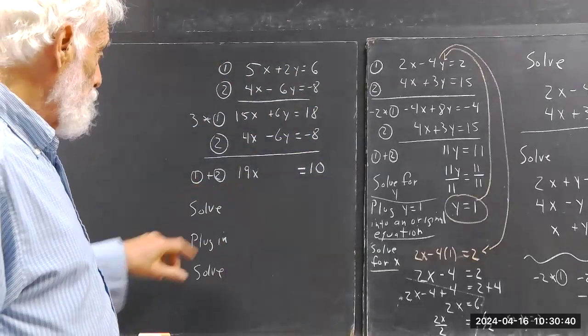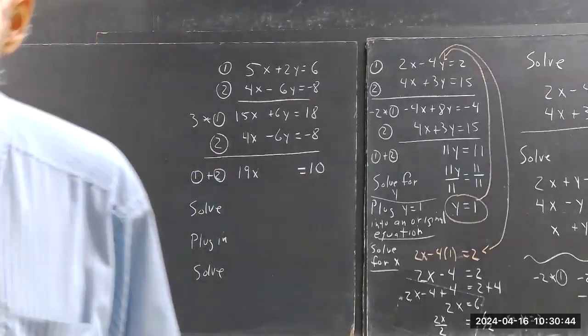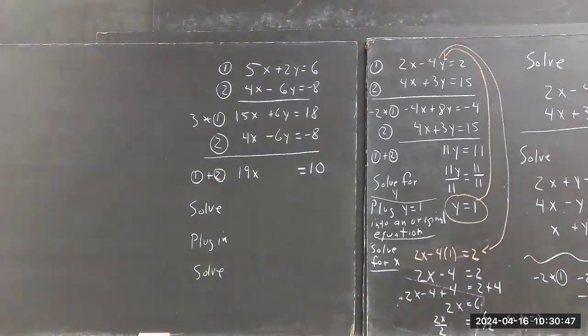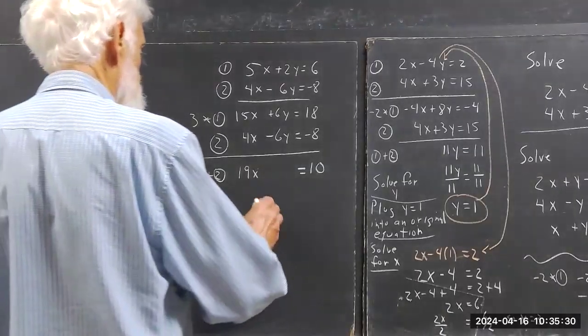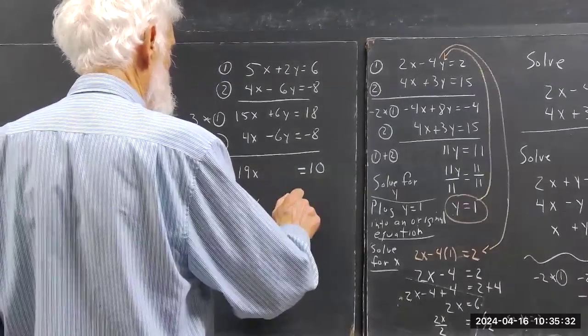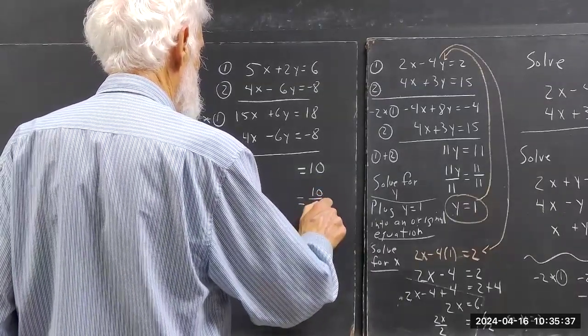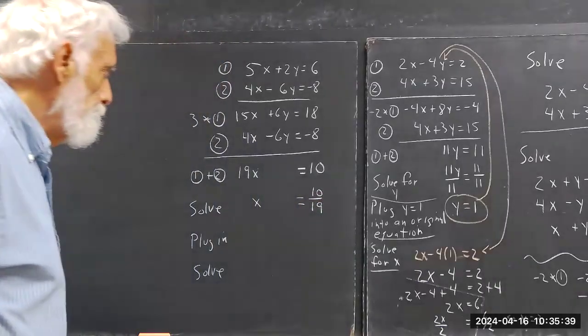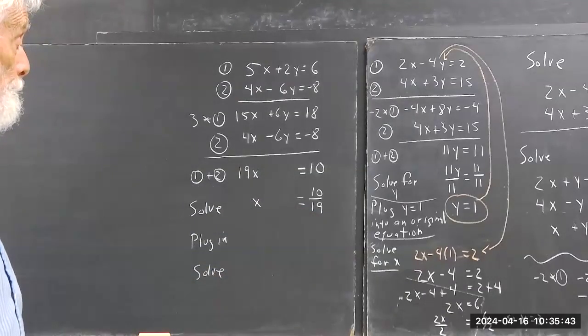Okay. Now, next step is to solve this equation. What do you get when you solve the equation? Write out the steps. And when we solve, we get x equals 10 over 19.